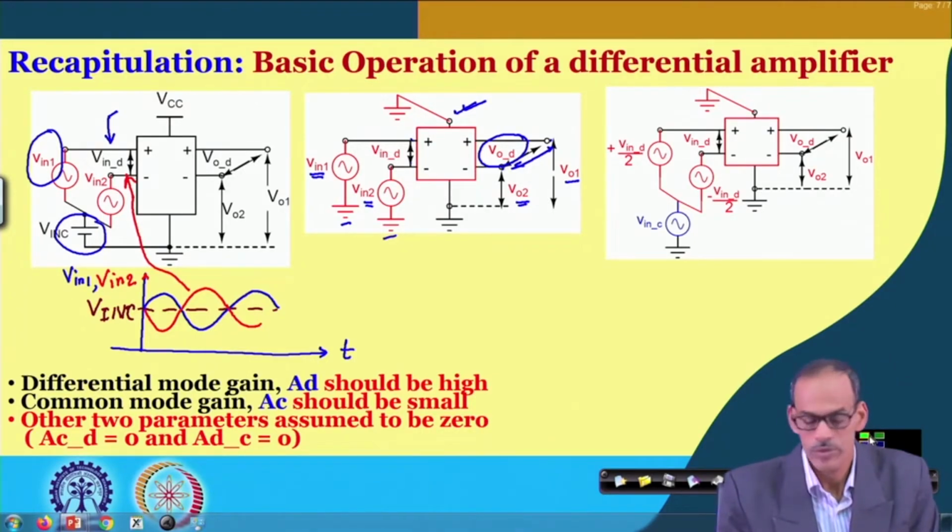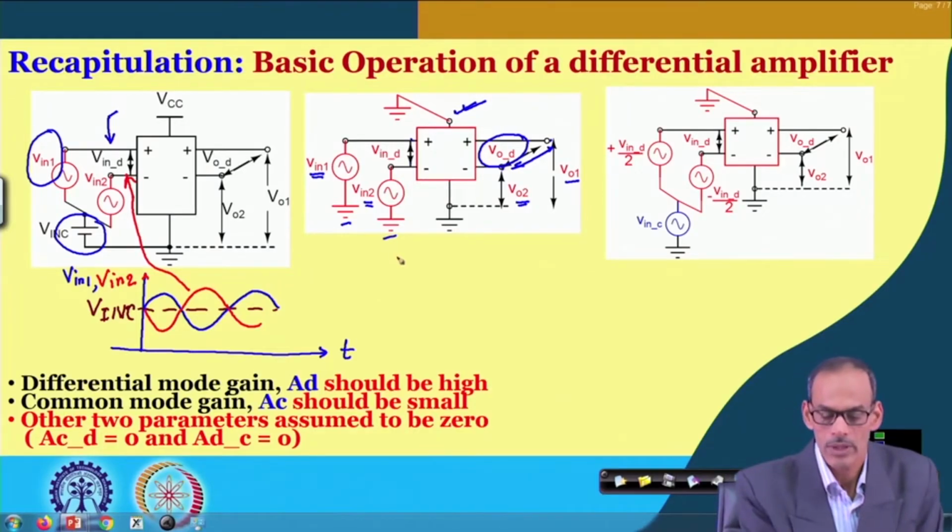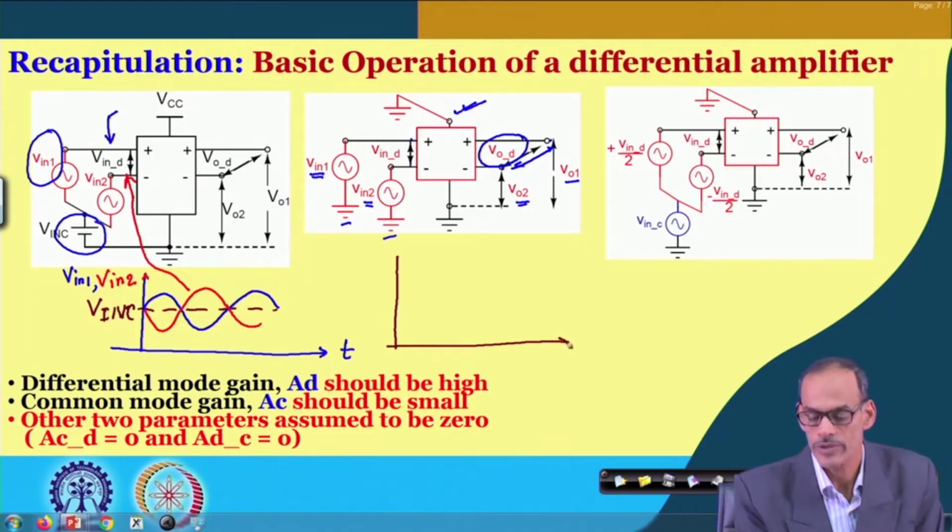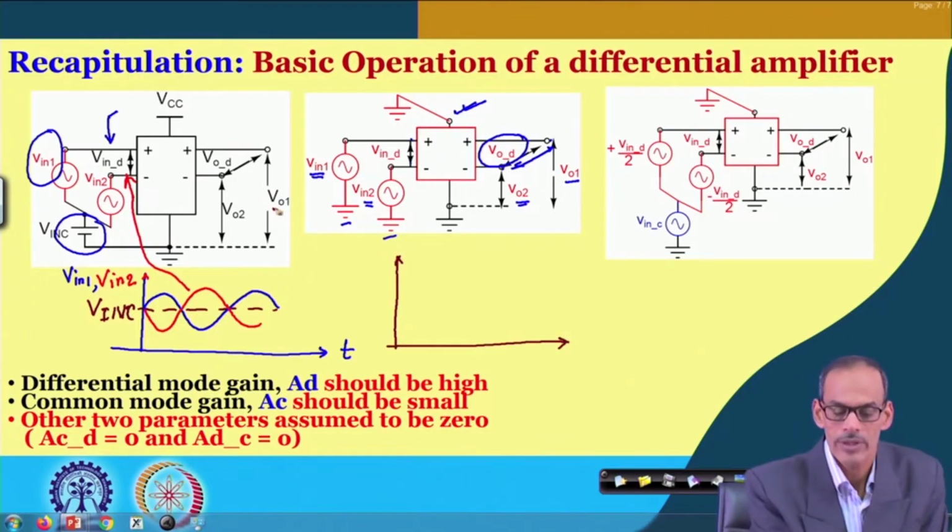The corresponding outputs we are expecting are at terminal 1 and terminal 2 of the output port, namely V O 1 and V O 2 respectively.